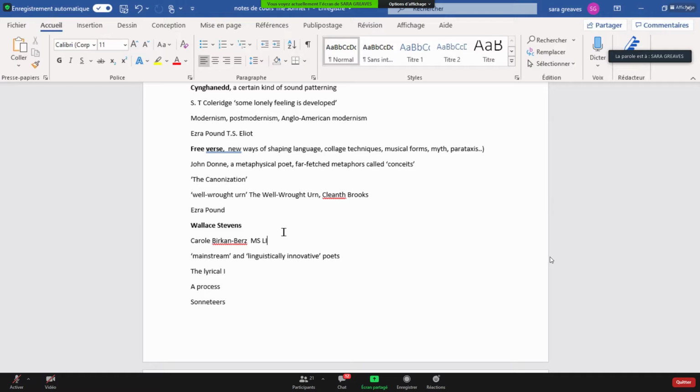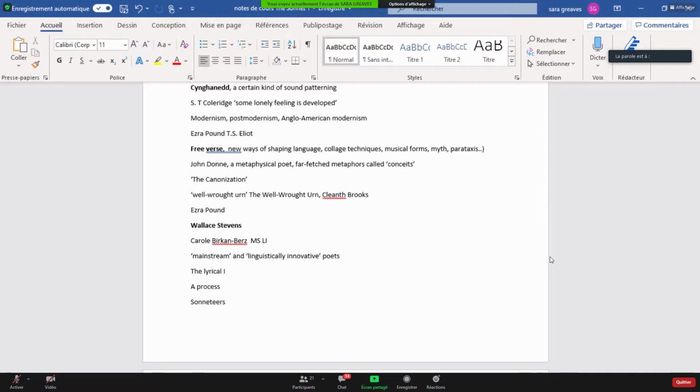Does anybody know what is meant by mainstream in English poetry? Have you come across that before? No? Well, just to say first that poetry is probably more widely read in the English-speaking world than in the French-speaking world, at least in France.